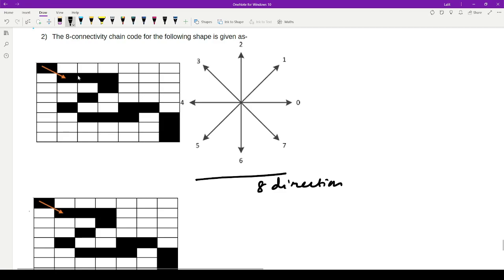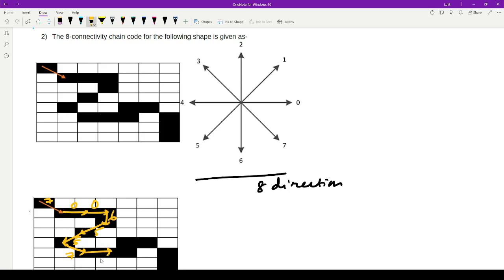So I'm just using the same. First is 7. Yeah, this one will be 7. And then from here you have to go like this, which is 0. And then this is again a 0. This is 6. This one, 5. Again a 5. Then next this one, 7.